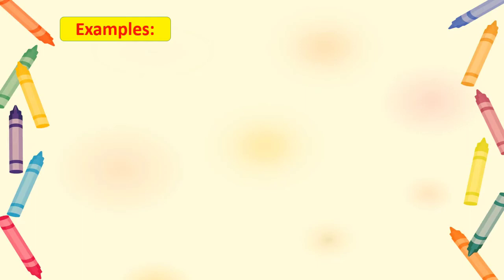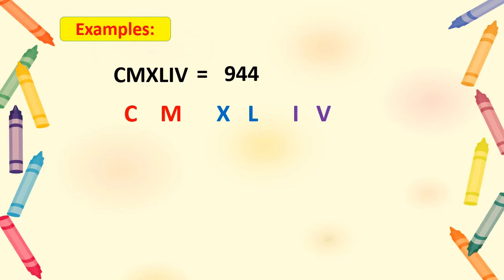Another example, CMXLIV is equal to 944. First of all, let's split it up into three parts: CM, XL, IV.